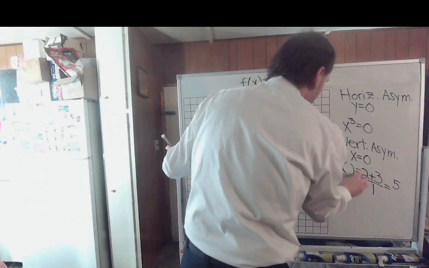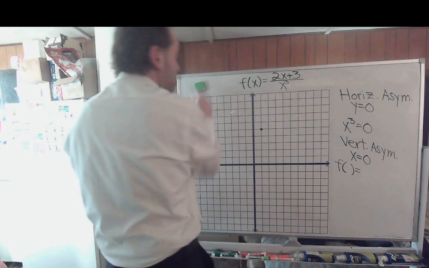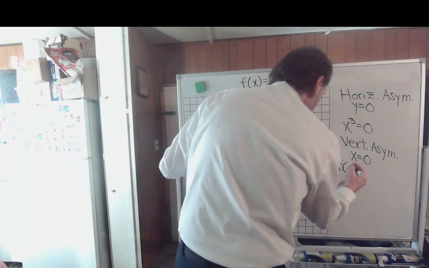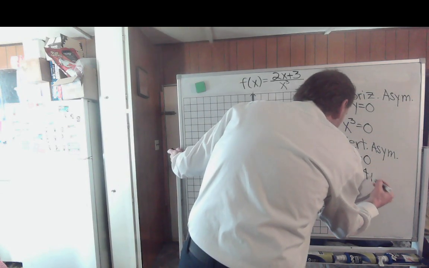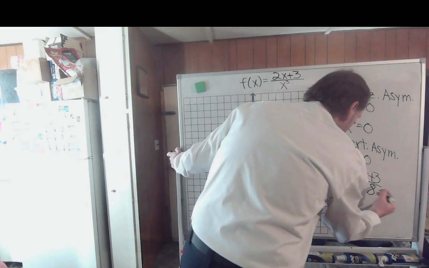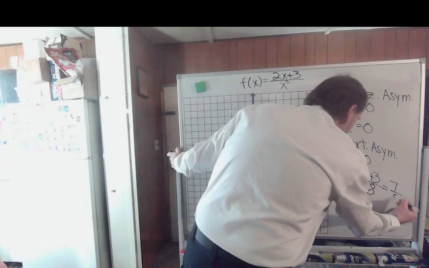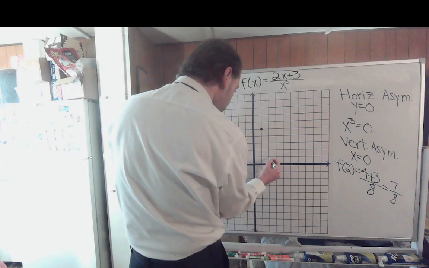Now, what about when we pick 2? Let's pick x to be 2. All right, so in the numerator, 2 times 2 is 4, so we'll get 4 plus 3 over 2 to the third, which is 8. Well, that's going to give you 7/8. So when x is 2, you're all the way down to 7/8.